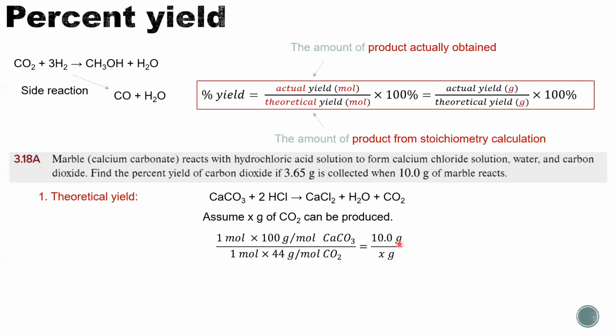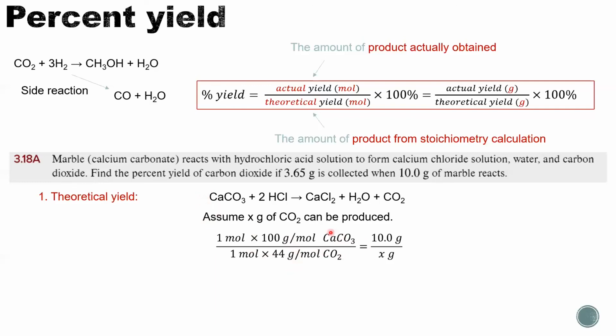From that, we can plug in the mass here. So now we have 10 grams of marble, and we need to know how many grams of CO2 there are. From this proportion, we can cancel out these moles. So on the left, the net unit is gram on top and gram on the bottom, right? And we take the coefficient into consideration.